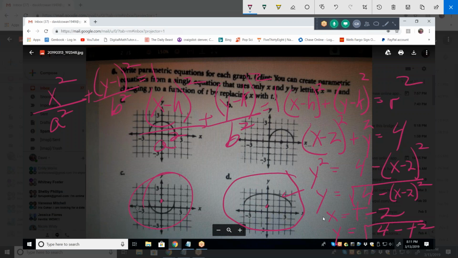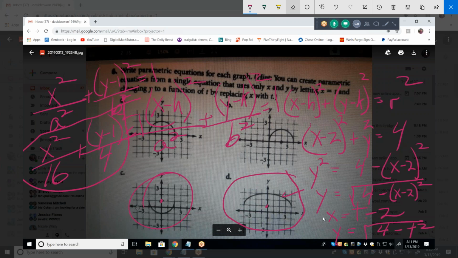We can measure what a is. A is 4 units, so it's x squared over 16 plus (y minus 1) squared over b squared, where b looks to be 2, so b squared is 4. So there's our equation of that ellipse.